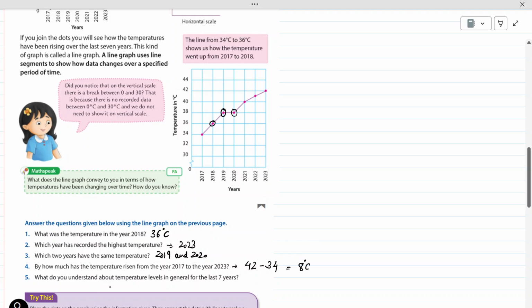Now, what do you understand about temperature levels in general for the last 7 years? Using this data, we observe that the temperature of that particular city has increased by about 8 degrees Celsius over the period of 7 years. This is the inference, the information which we are getting from this line graph.